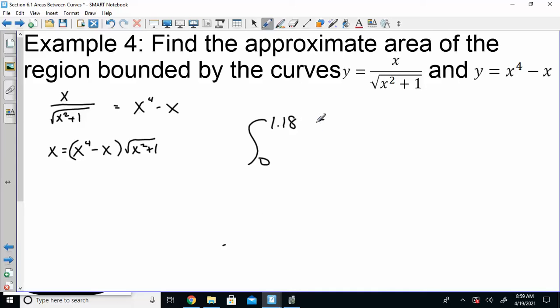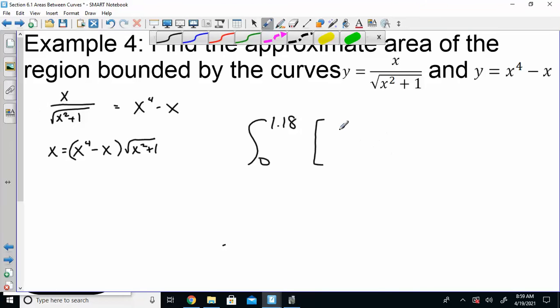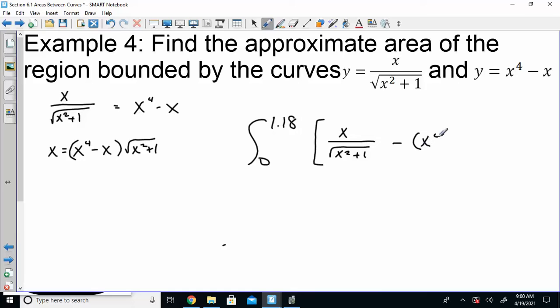Okay, so when I set this up, which one was on top? The x over the square root, so we have to do that one, minus the bottom, which was my x to the 4th minus x.